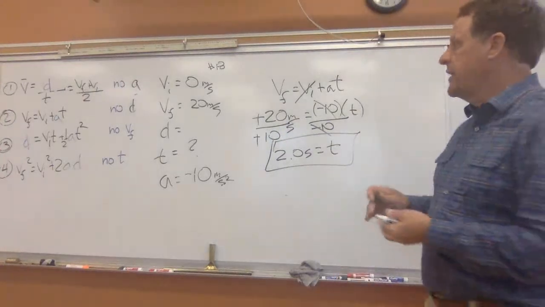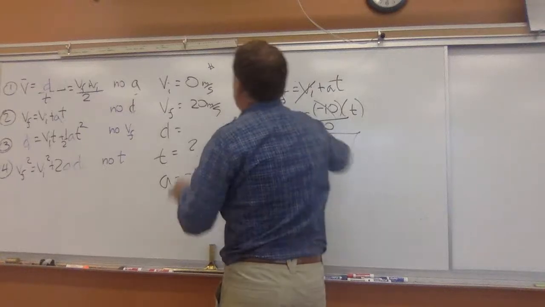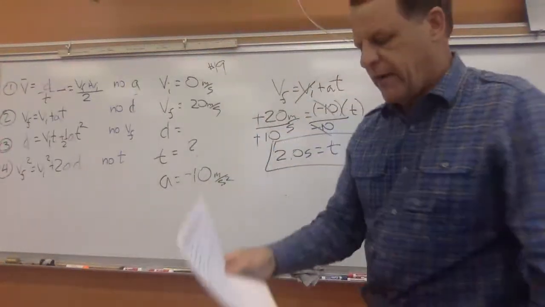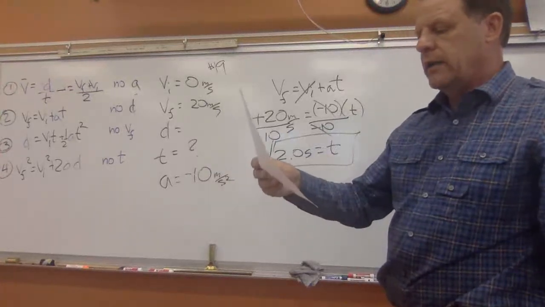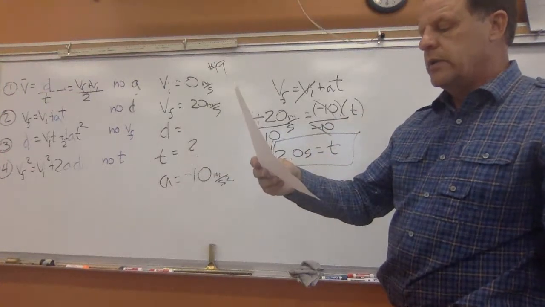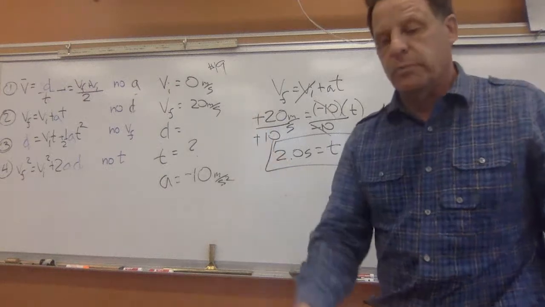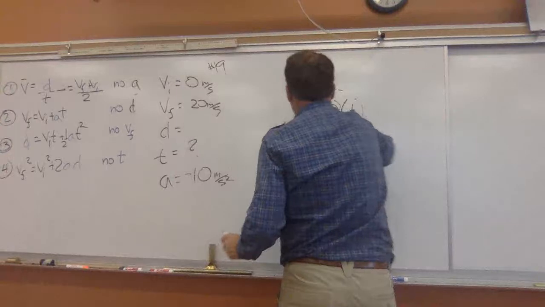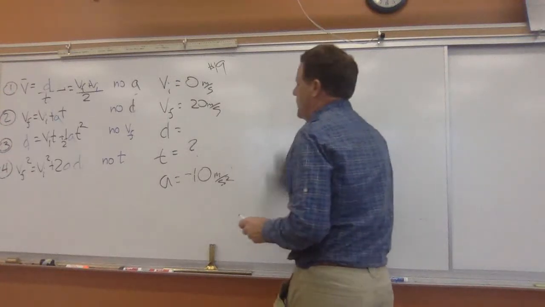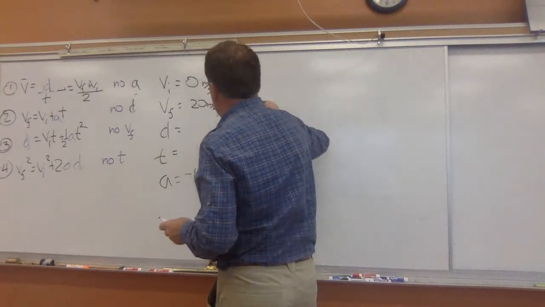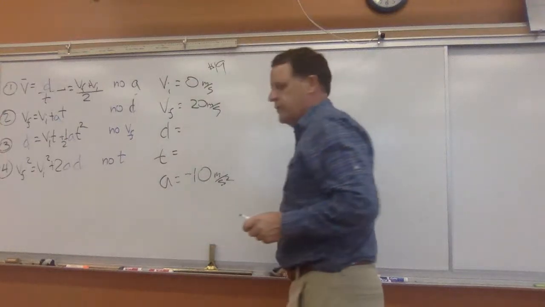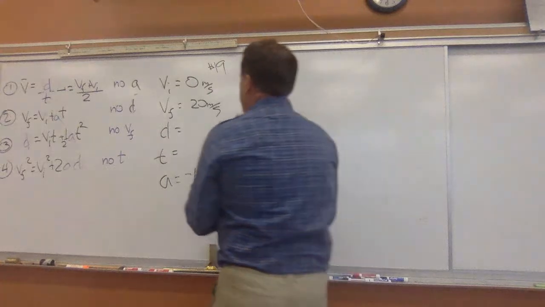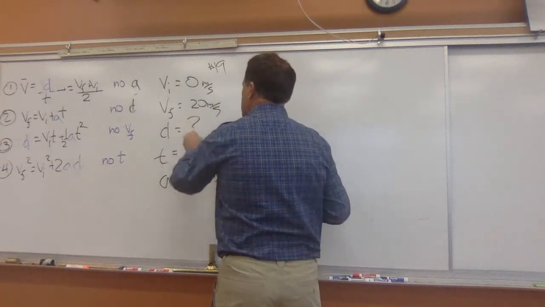And now question number 19, which is the last of our review. And the question is saying, how far does it go while it is traveling to a speed of 20 meters per second? And this time, okay, 0, 20, -10, and this time we are looking for how far it goes.